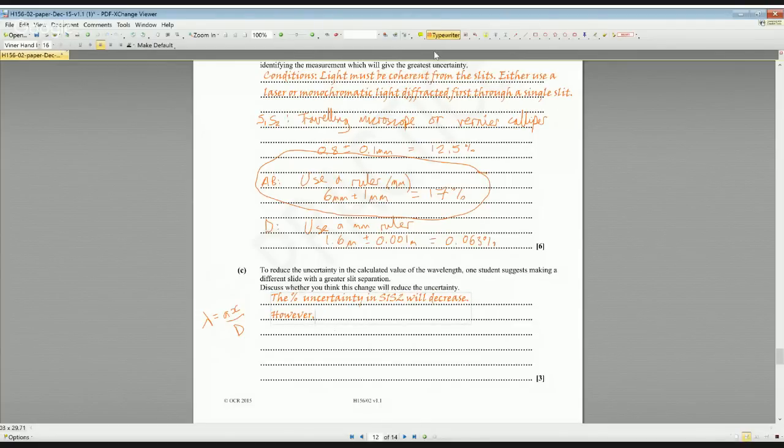So increased slit separation will cause a decrease in fringe separation, causing greater uncertainty in the measurement AB.